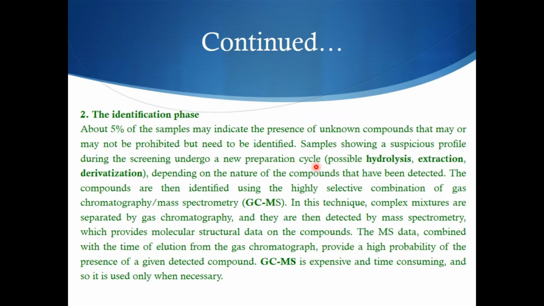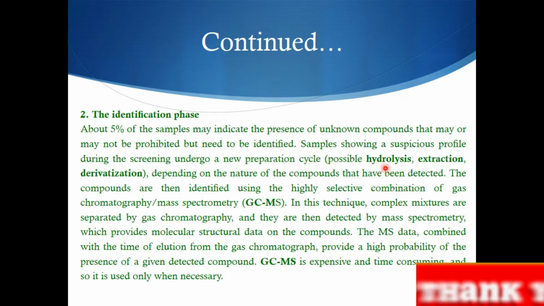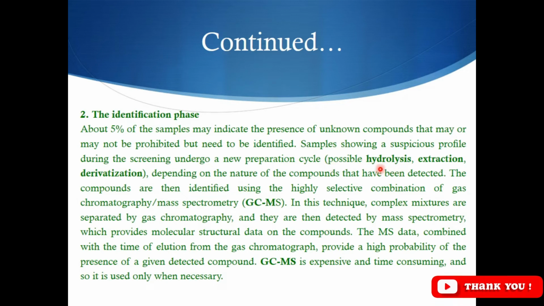So actually we will extract the compounds from the urine sample which have shown a suspicious profile, and then the analyst will perform a new preparation cycle, and this will include organic chemical reactions, including hydrolysis, extraction, and derivatization.